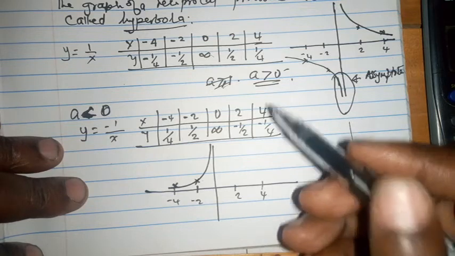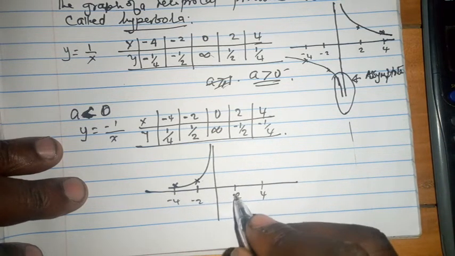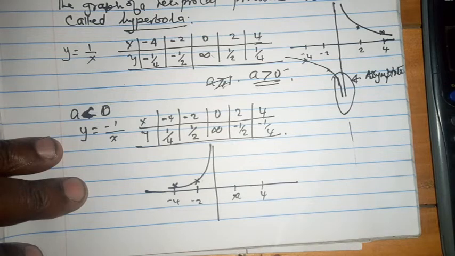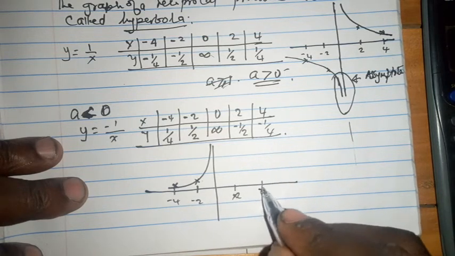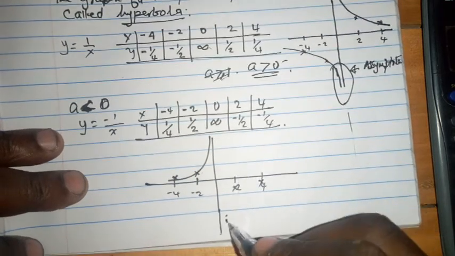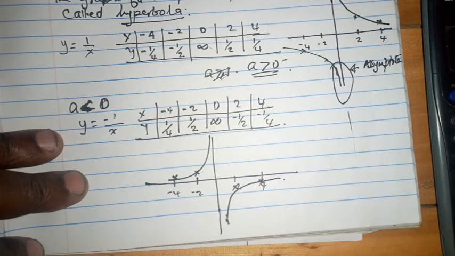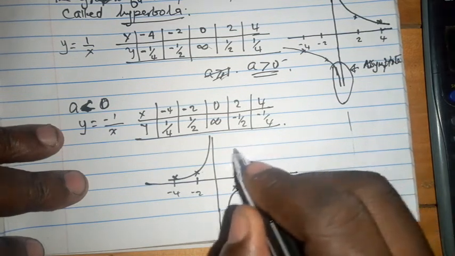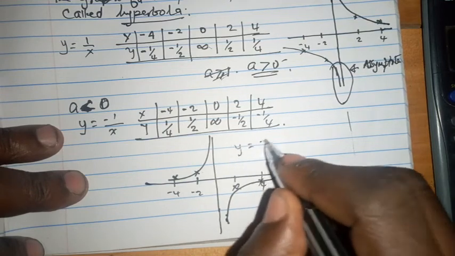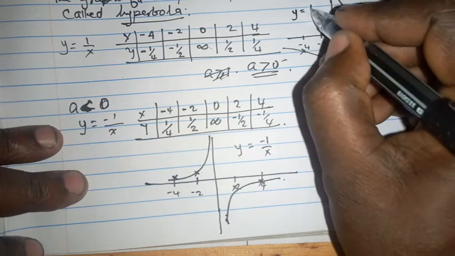As explained above, when x is 2, we have minus a half. When x is 4, minus a quarter, and then the graph behaves like that. This is now the graph of y = minus 1 over x, and this is the graph of y = 1 over x.